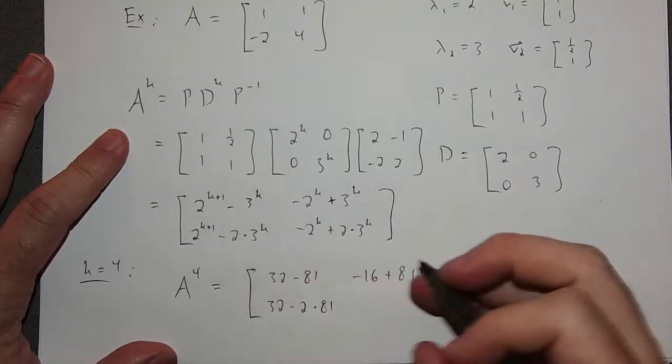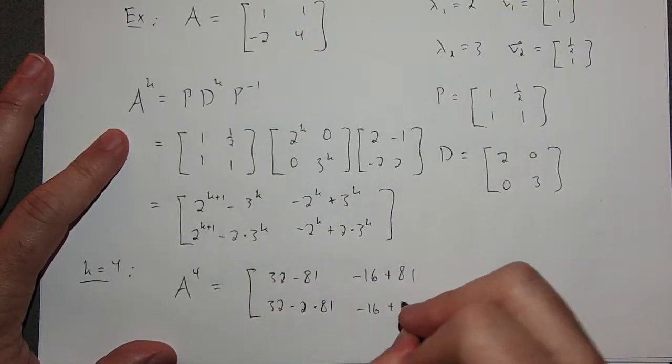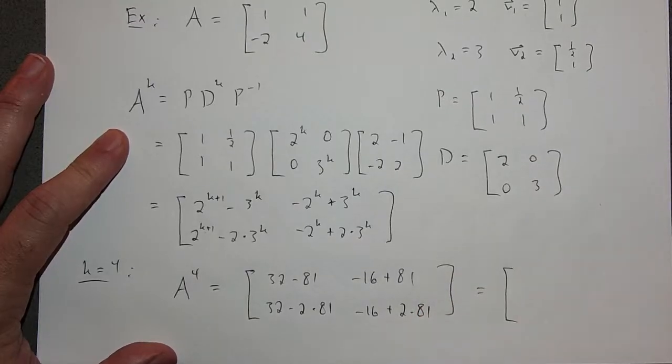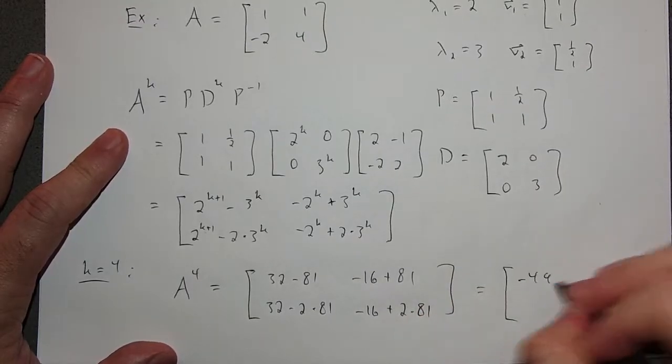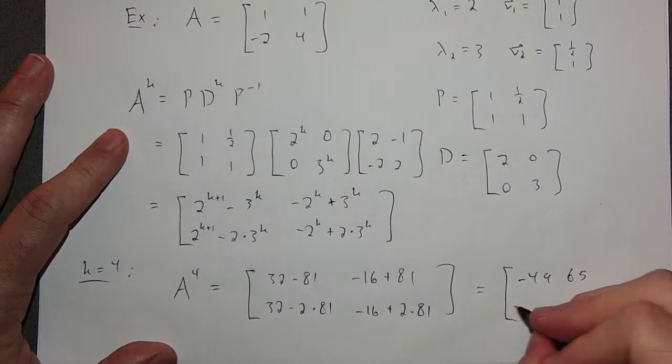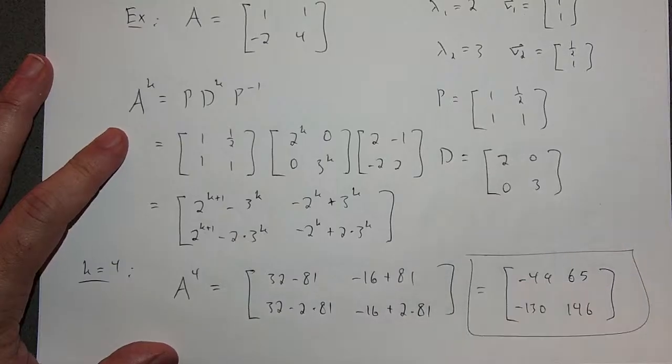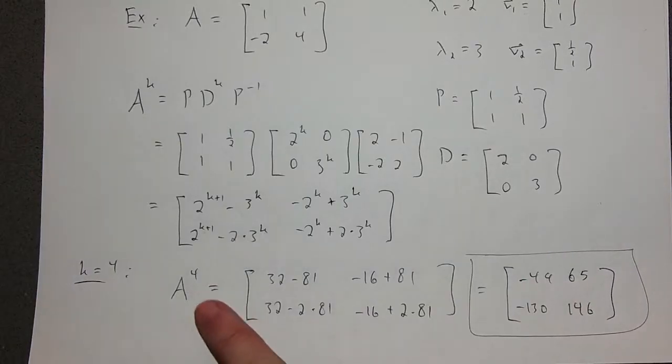And then this would be minus 16 plus 2 times 81, which is the matrix minus 49, 65, minus 130, 146. This is a lot faster than doing this brute force, actually multiplying A times A times A times A. You can do it that way and confirm that this is the same thing you get, but this is why this works in this way.